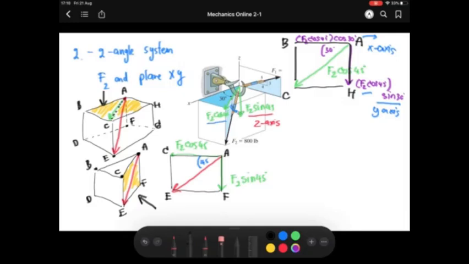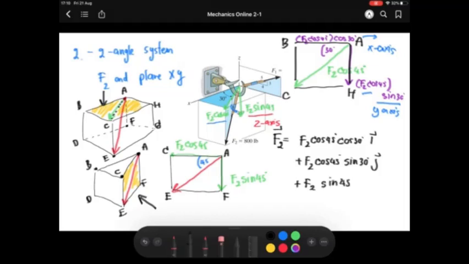Finally, we can write down the force 2 in terms of vector as F2 cos 45 cos 30 i plus F2 cos 45 sine 30 j, and then plus F2 sine 45 k.